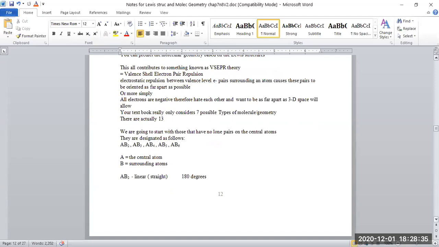B is used for the surrounding atoms. Now, your lab book does it differently. Your lab book does it as A's and X's. And I have seen a couple of textbooks that use M's and X's. So if you're looking for additional examples, you might run across some other letters of the alphabet. I'm fond of the A's and B's and E's idea.